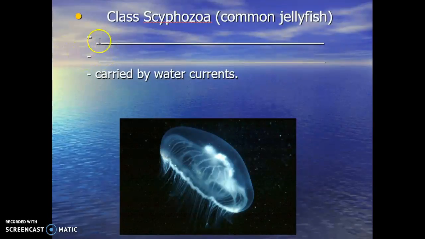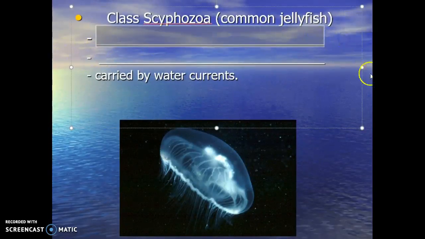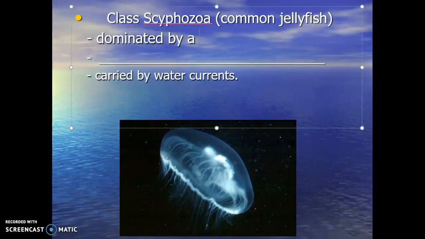Scyphozoas, these are your common jellyfish. Generally, their life cycle is dominated by a medusa body plan.